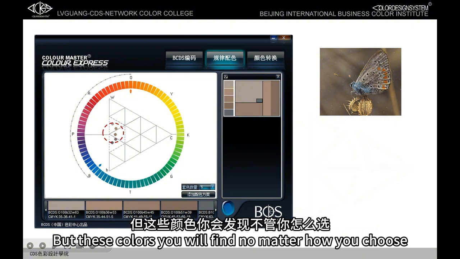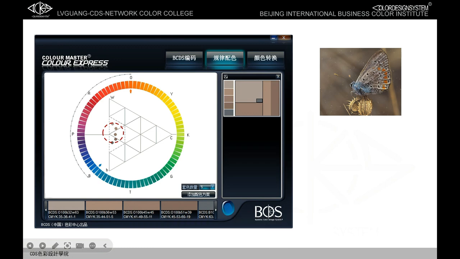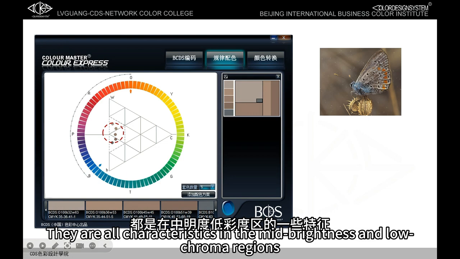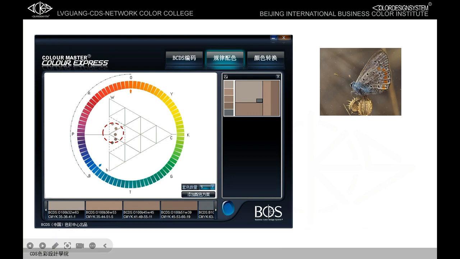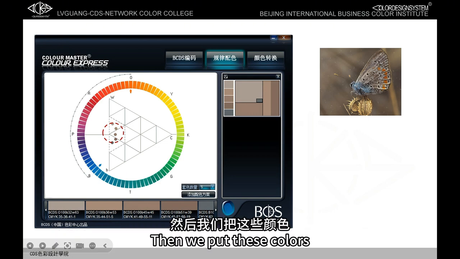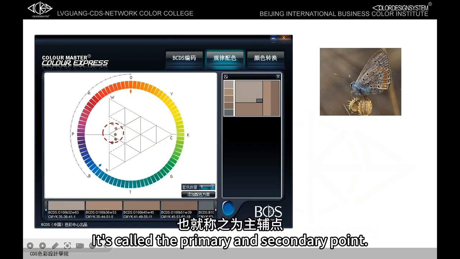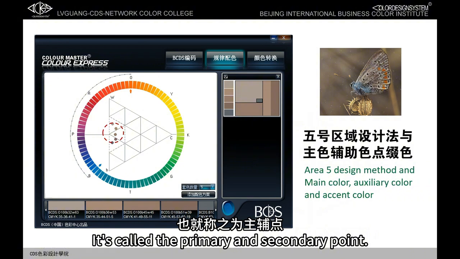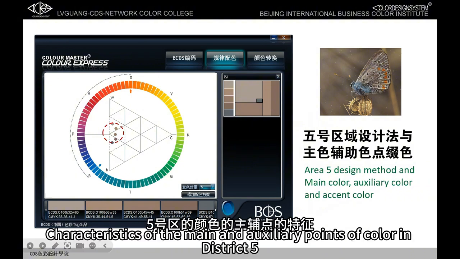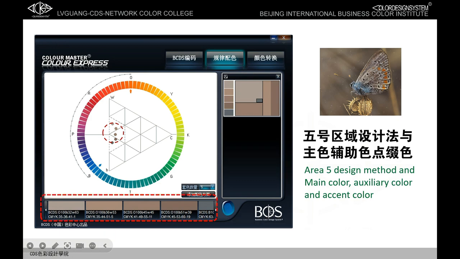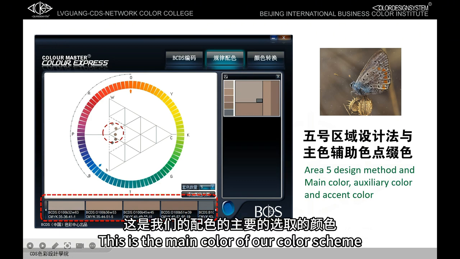But you will find that no matter how you choose, these colors all have characteristics in the mid-brightness and low chroma regions. Then we save these colors for our color scheme. It's called the primary and secondary points. These are the characteristics of the main and auxiliary points of color in District 5. This is the main color of our color scheme.